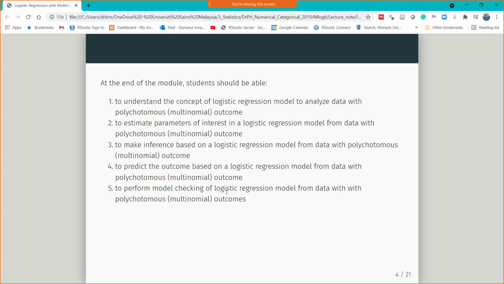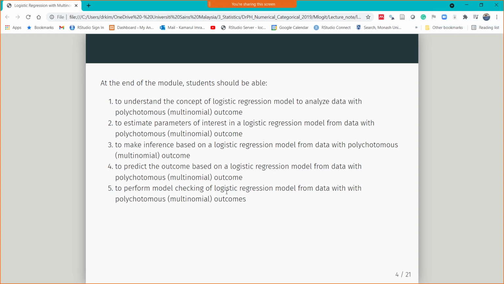Maybe log likelihood and things like that. And then after that, we do inference, where we look at the p-value and the confidence intervals.